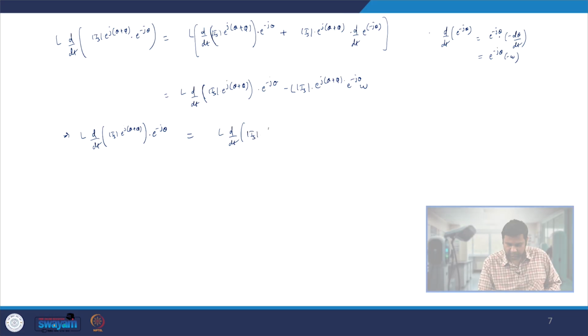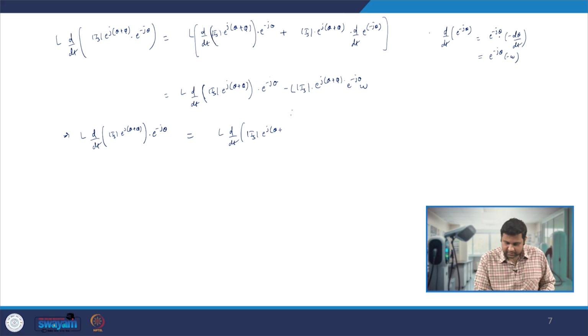modulus of Is space vector e power j, now this we can take inside, j(theta plus phi minus theta), plus, because it is inside the bracket we can take.